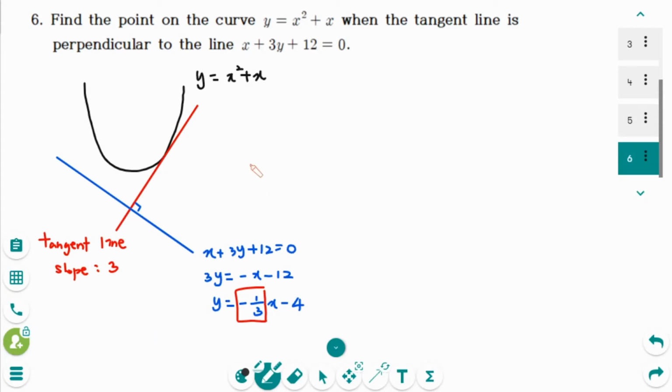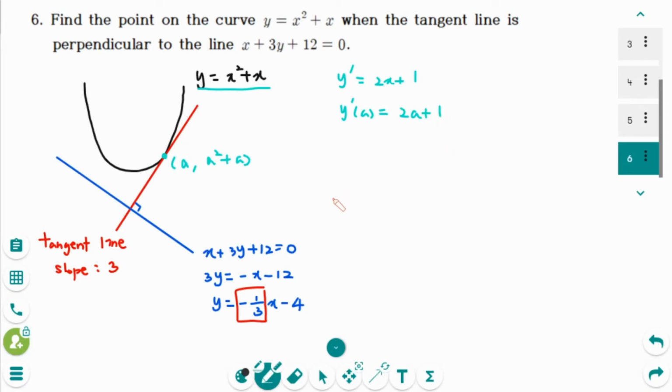Let the x-coordinate of the point on the tangent be a. X value is a. Then the y-coordinate is a squared plus a, because y equals x squared plus x. y prime equals 2x plus 1. Then the slope of the tangent line at x equals a is y prime at a, 2a plus 1.